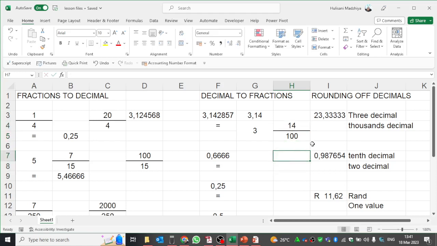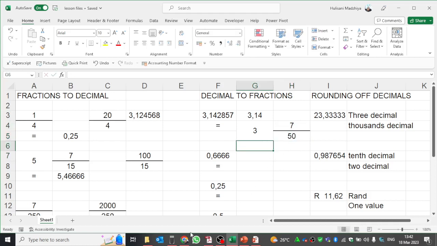Can this 14 be simplified? 14 out of 100, can this be simplified? Yes, it can. If we divide 14 by 2, we get 7, and if we divide 100 by 2, we get 50.